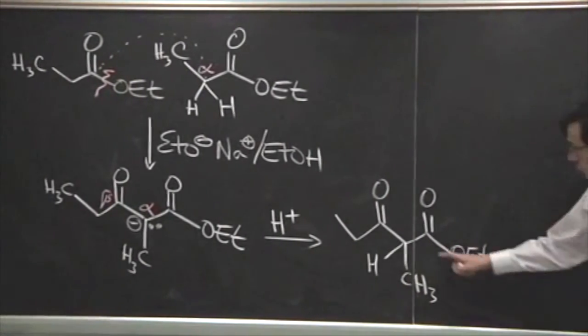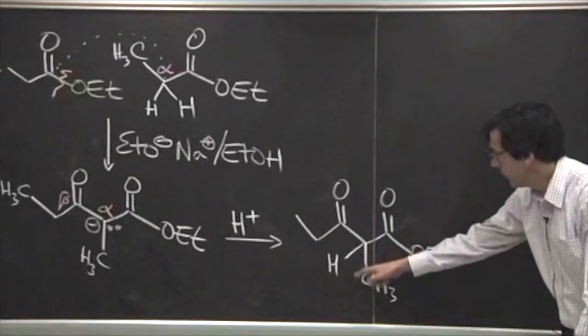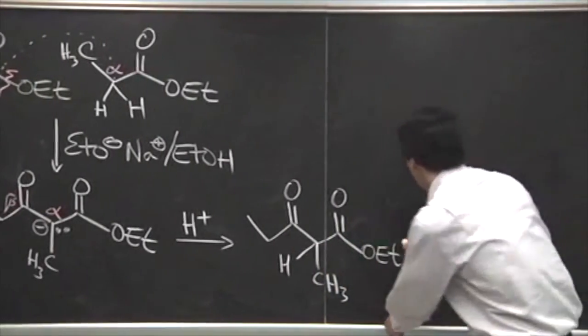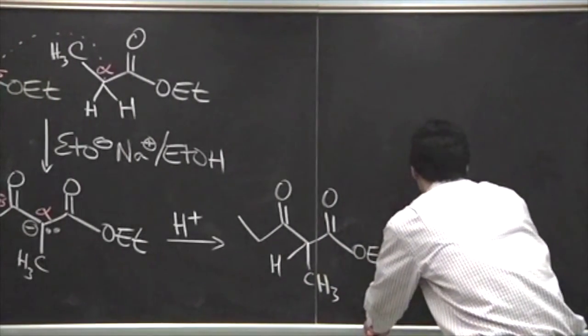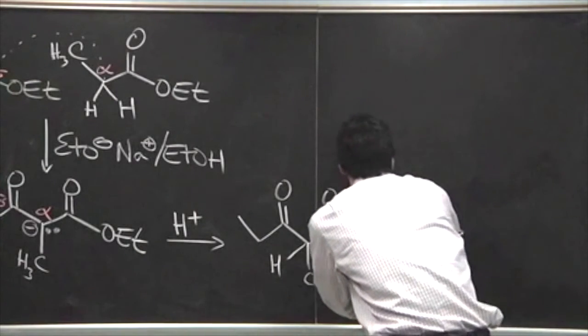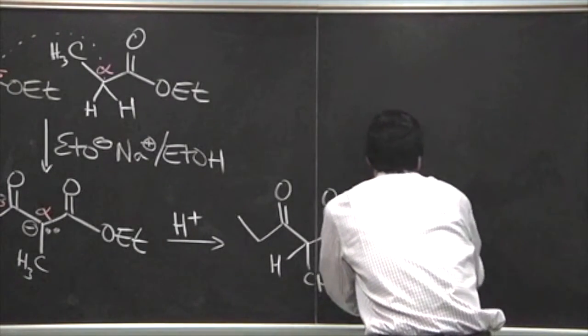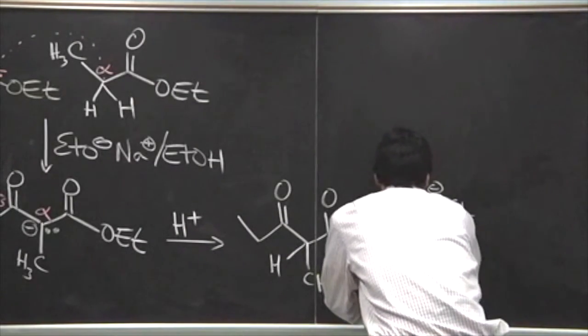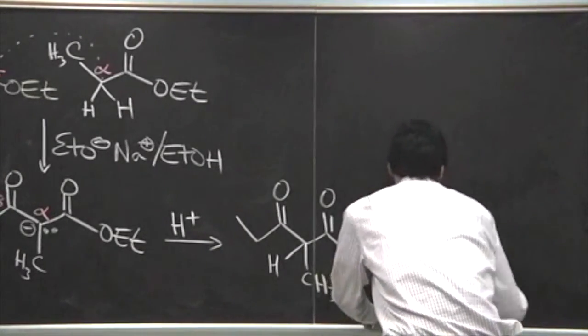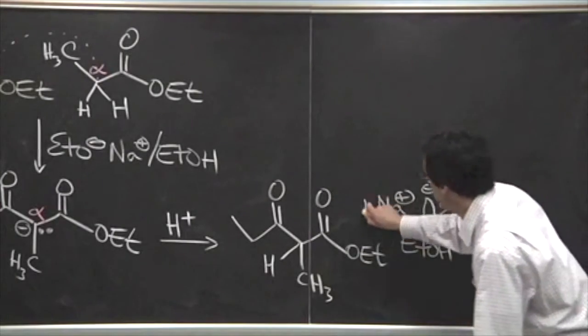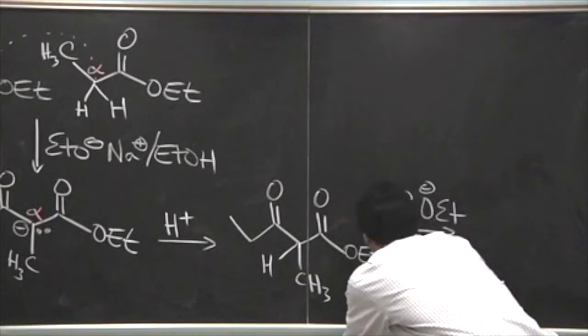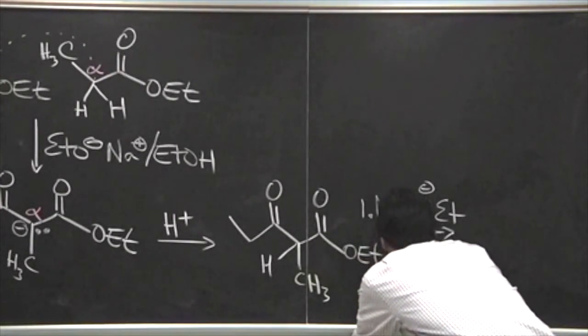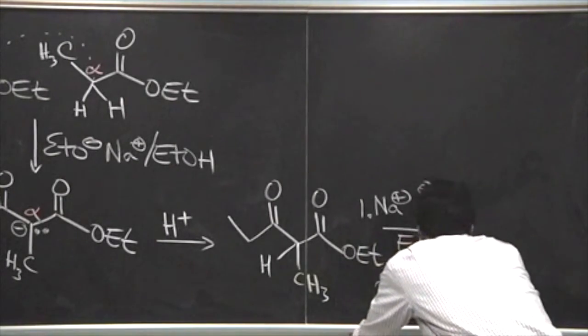We still need to introduce an ethyl group at this central position. So we need to make an enolate again. And then we're going to alkylate that enolate using ethyl bromide.